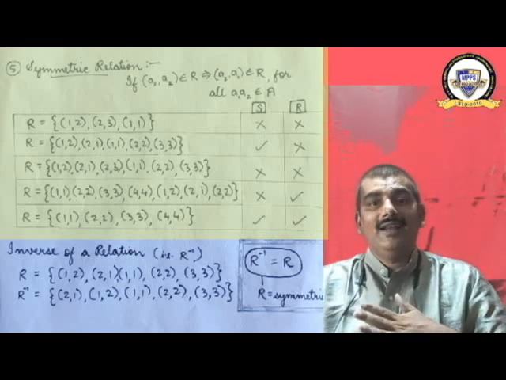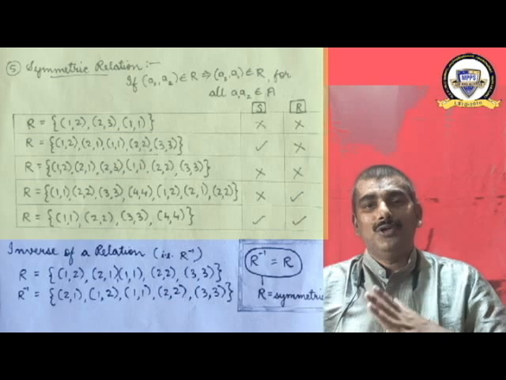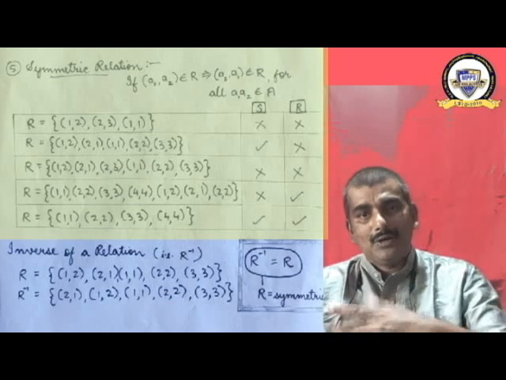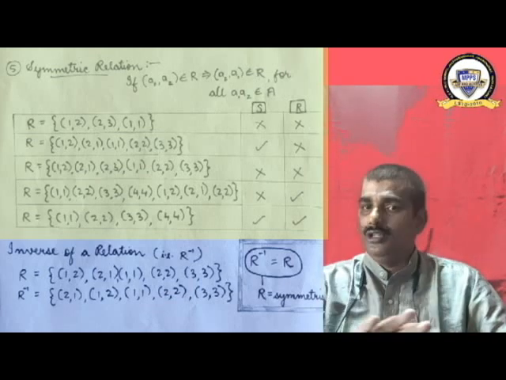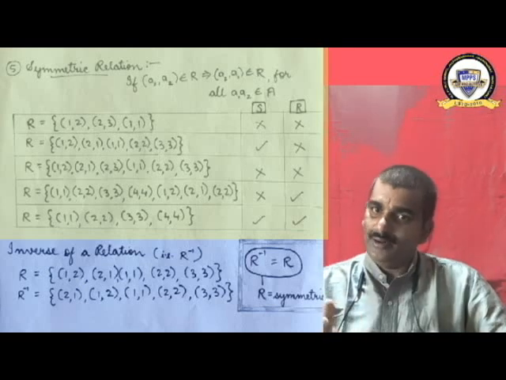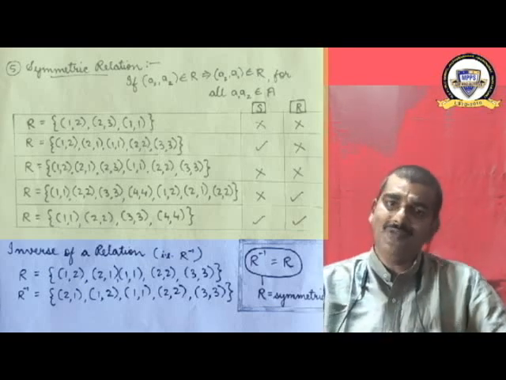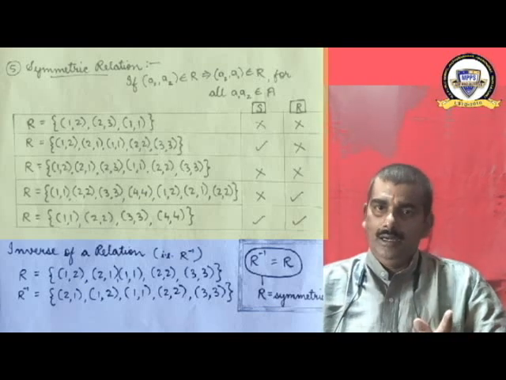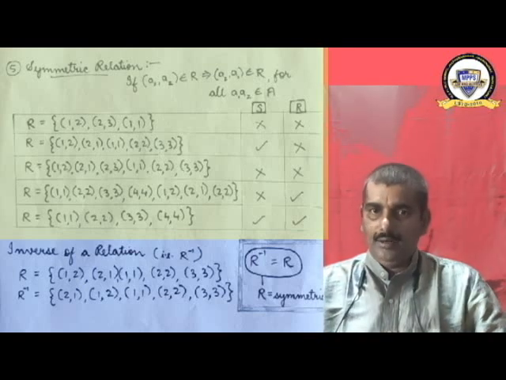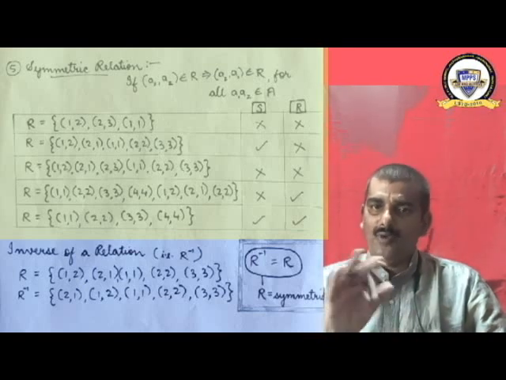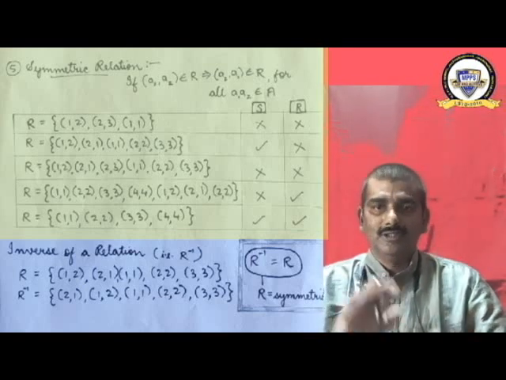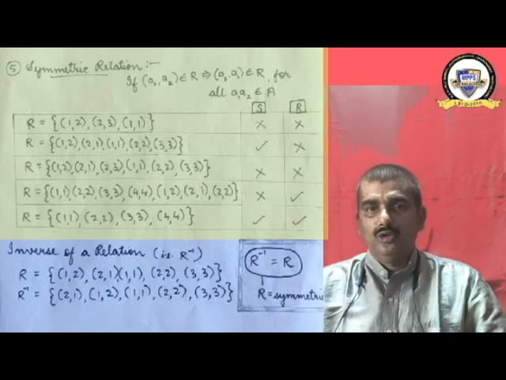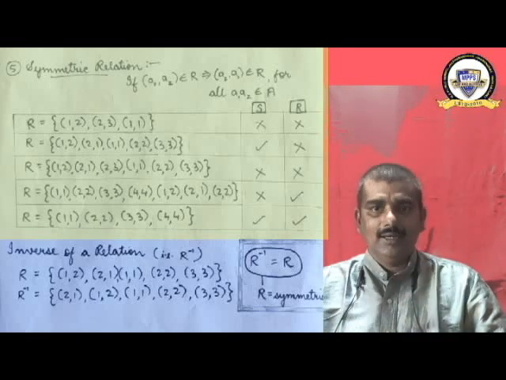Going ahead, 2,3 is there but 3,2 is also not there. 1,1 is there, and since both elements are the same, its reverse order is also there. But for 1,2 and 2,3 there isn't any reverse ordered pair. So it is not a symmetric relation.